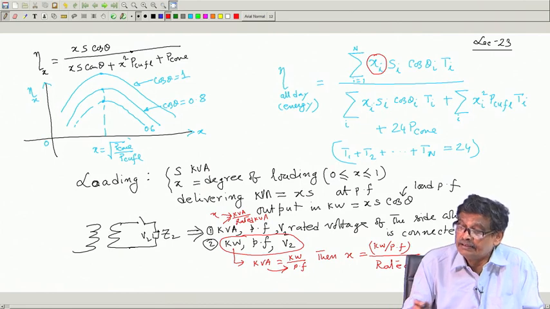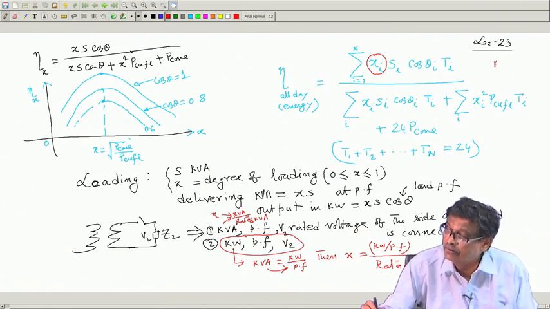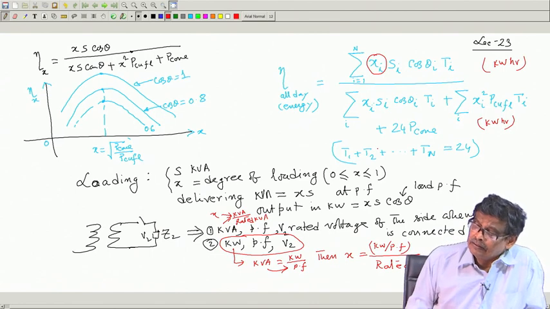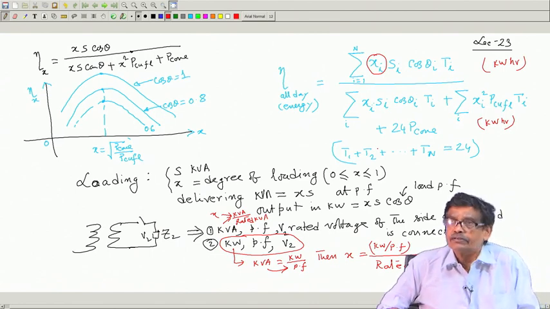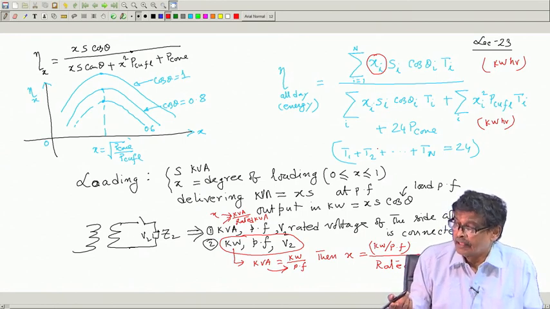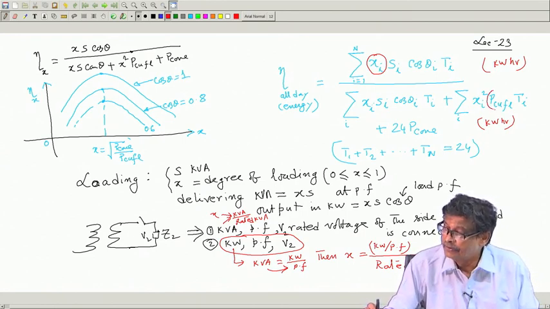I hope you have understood how to calculate the degree of loading and use it here. This is the energy efficiency, kilowatt hour on the top divided by kilowatt hour on the bottom. Core loss remains constant, and finally, once again repeating, what is P_cu full load?